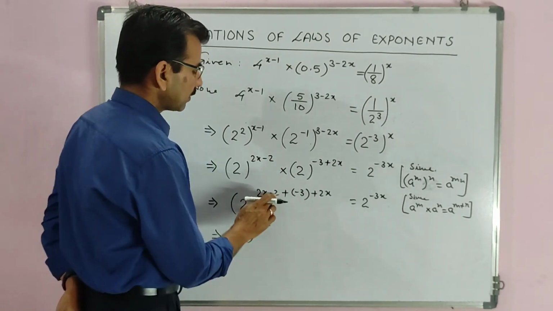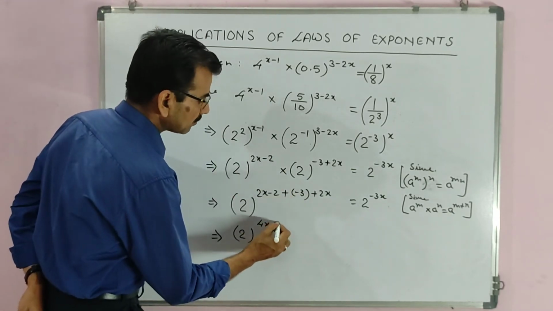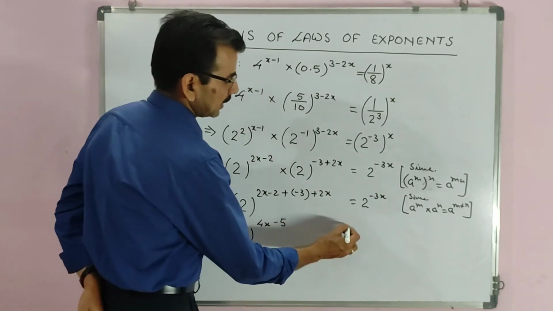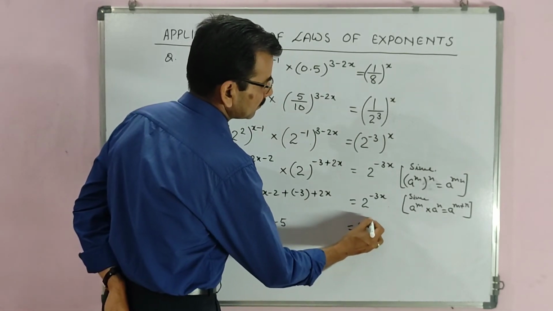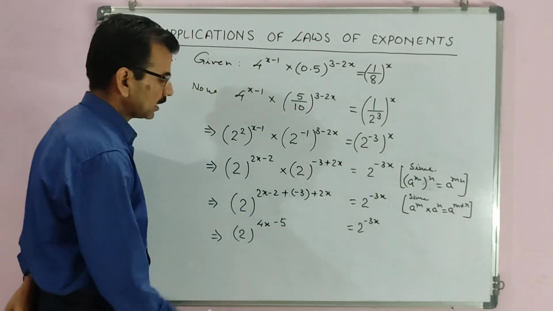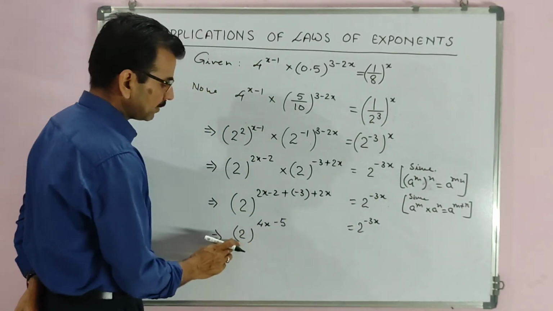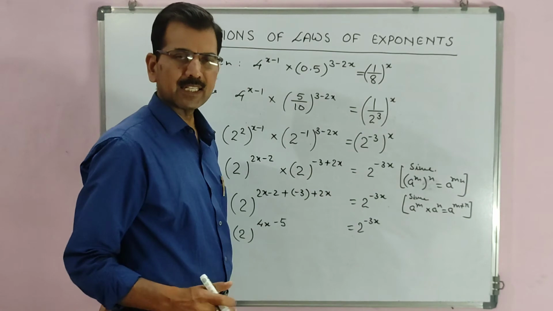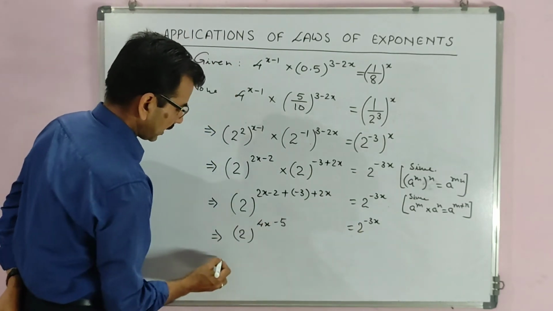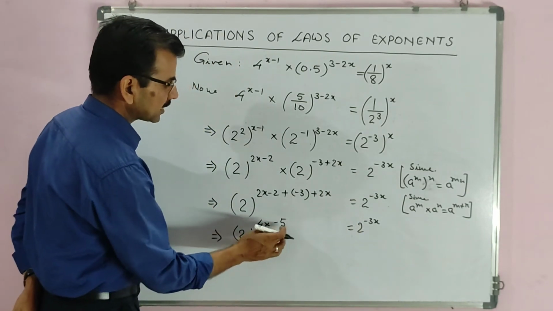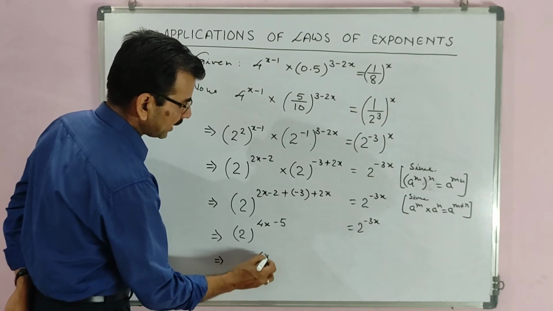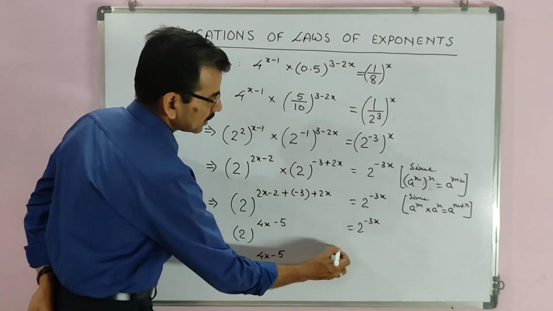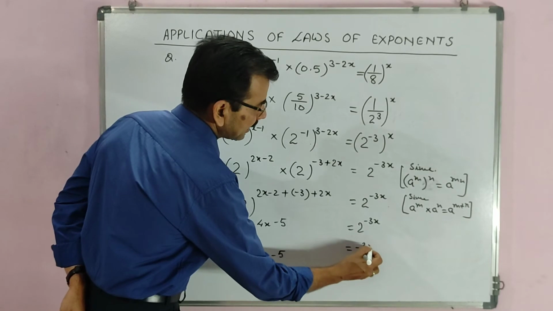Minus. Yes. So minus 2 and minus 3, it will become minus 5 is equal to 2 raised to power minus 3x. Now you see, both sides the base is same, so we can cancel it, 2 and 2, and power we can equalize. So we write here 4x minus 5 is equal to minus 3x.